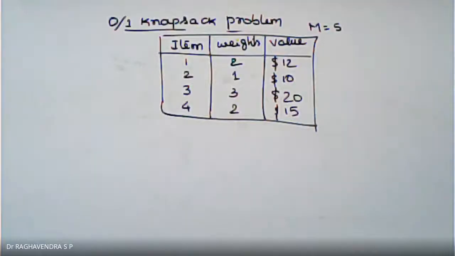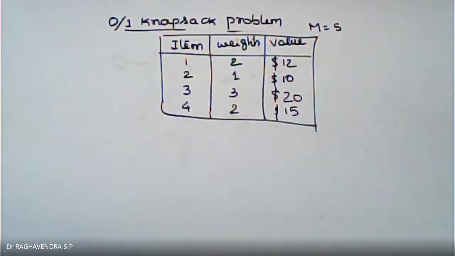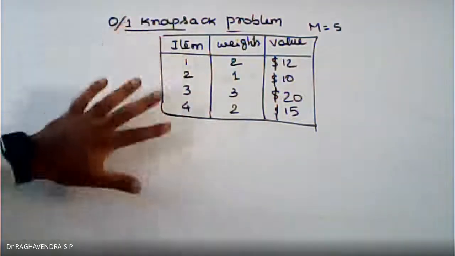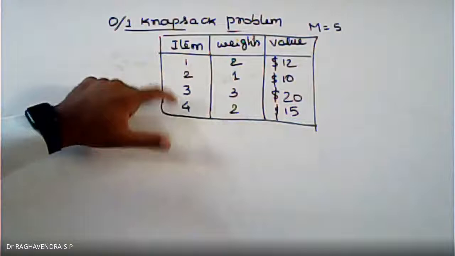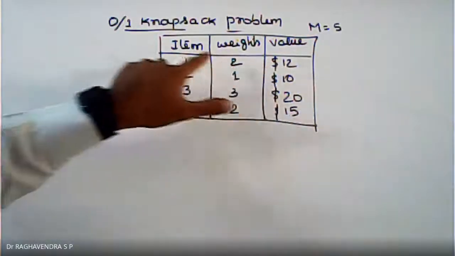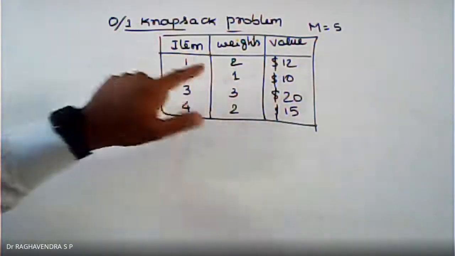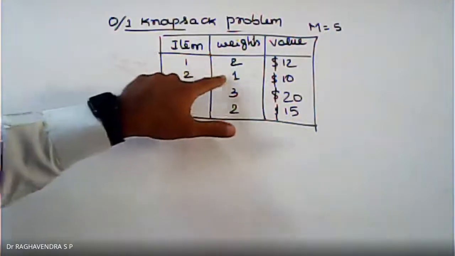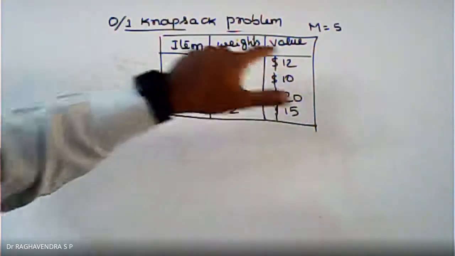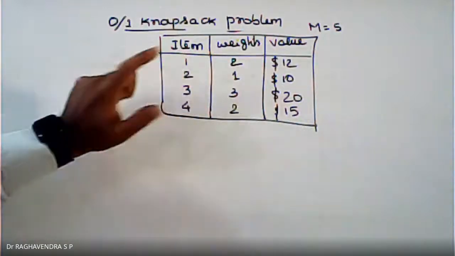How many items do we have here? 4 items. So 2 is the weight of item 1 and 12 is the profit of inserting item 1. 1 is the weight of item 2 and 10 is its profit or value.